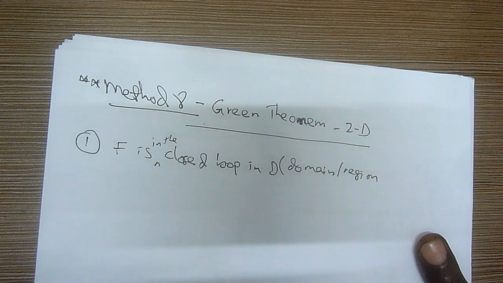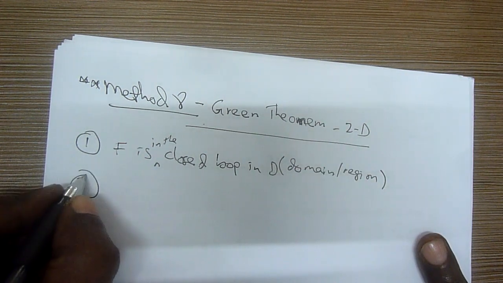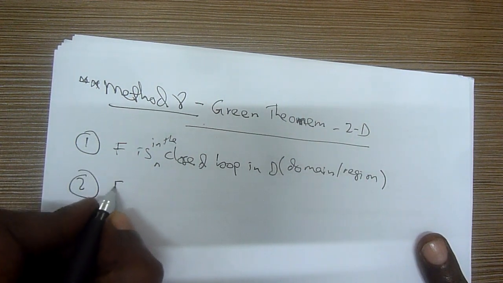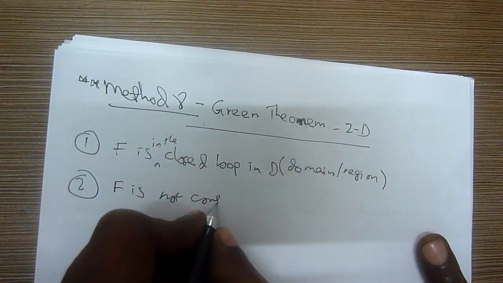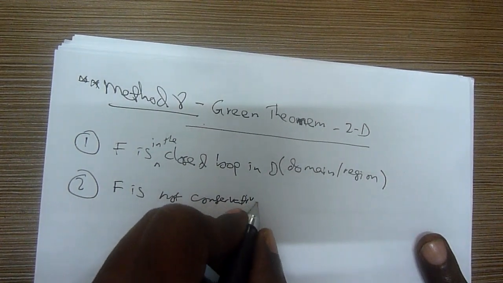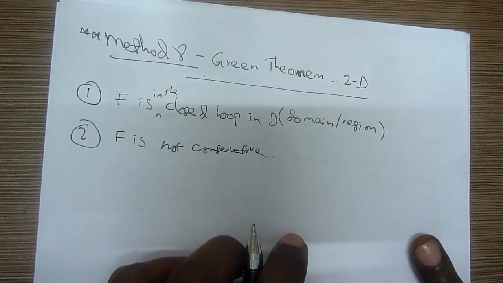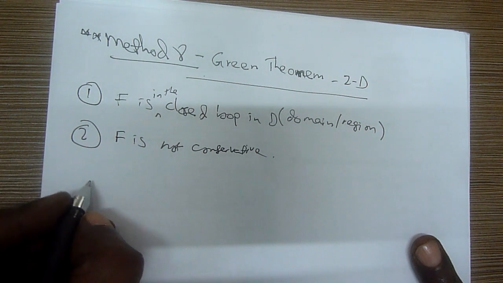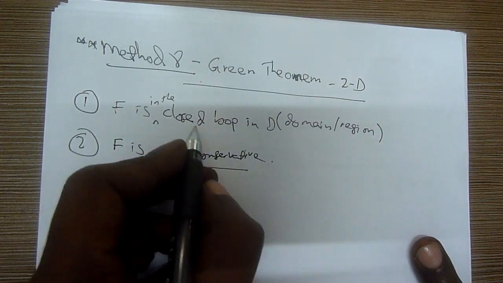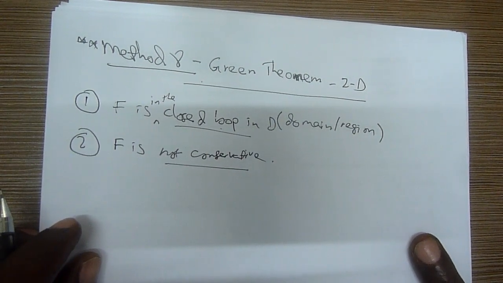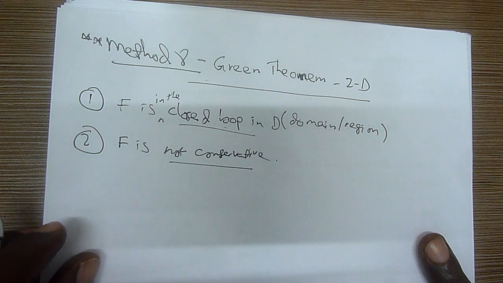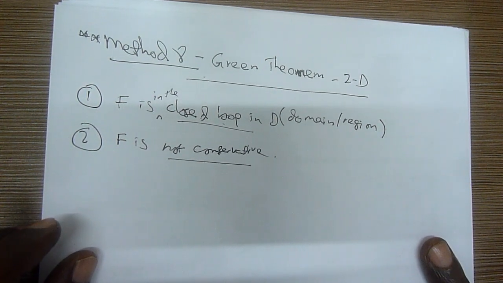It must be in a closed loop region. And number 2, F is not conservative. That means we are creating one simple logic: if F is not conservative but is in a closed loop, then we call this Green's theorem. It's opposite to whatever we learned before, but now we see how the logic really works.